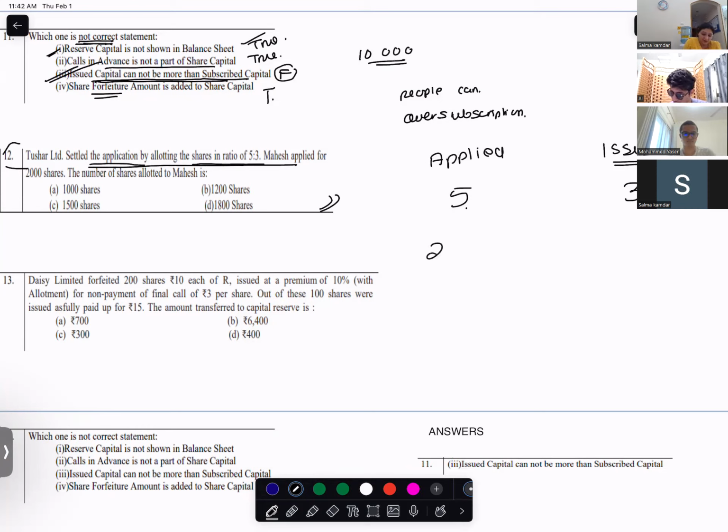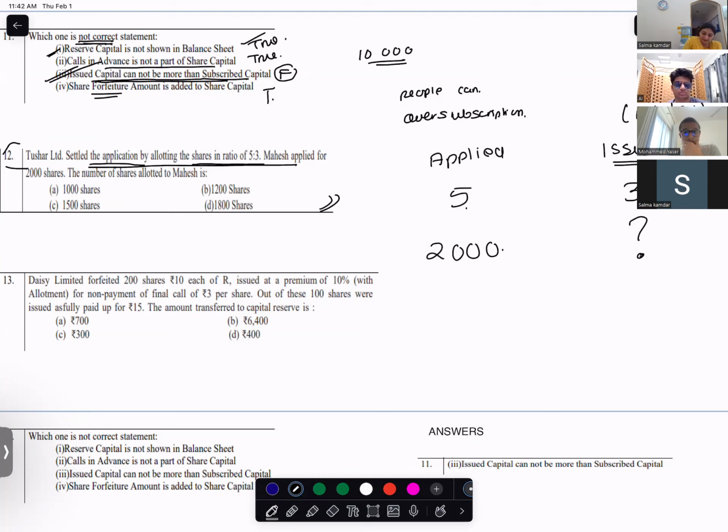Mahesh has applied for 2000 shares. So how many will I issue? What I issue is actually allotted to them.